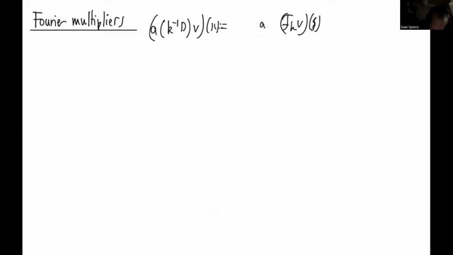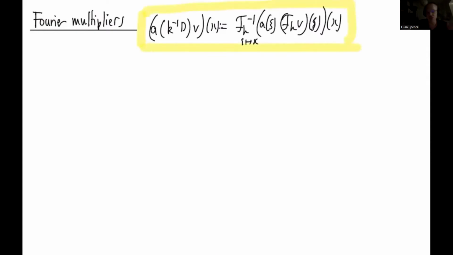I multiply by a of psi, and then I take the Fourier transform back, the psi to x Fourier transform. And then this is a function of x. So I go into Fourier space, I multiply by a, and I Fourier transform back. That's my definition of a Fourier multiplier.